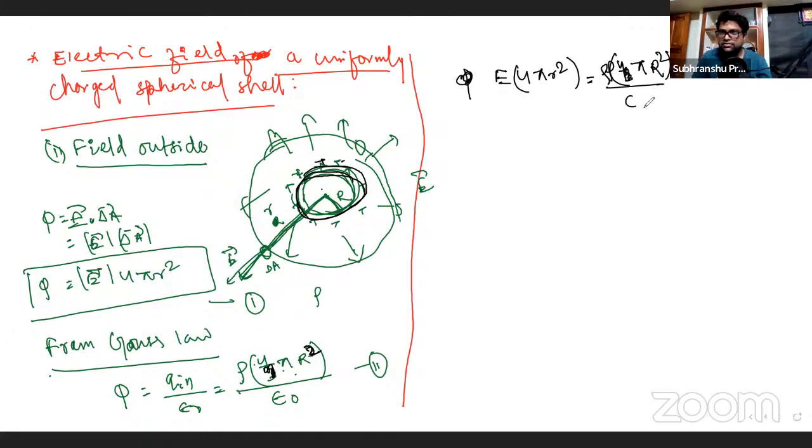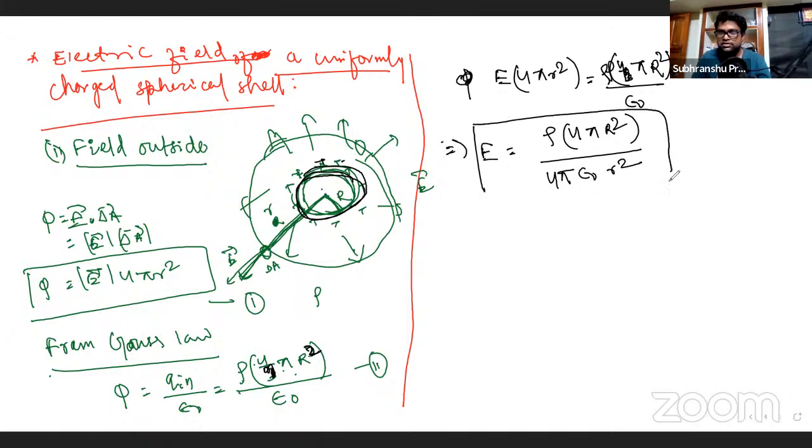by epsilon naught. We are interested to find the electric field at a distance outside the charged sphere. So your E will be rho 4 pi capital R square by 4 pi epsilon naught small r square.